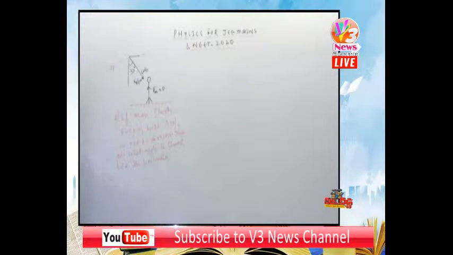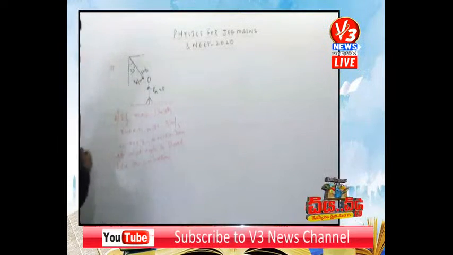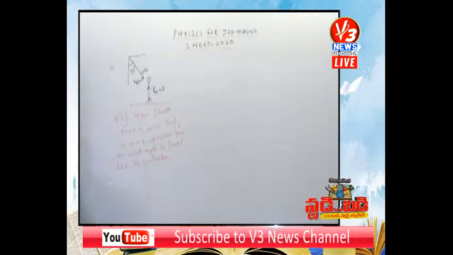This is the given question. At what angle should he hold the umbrella, and what is the relative velocity? So right now, at what angle should he be holding the umbrella?